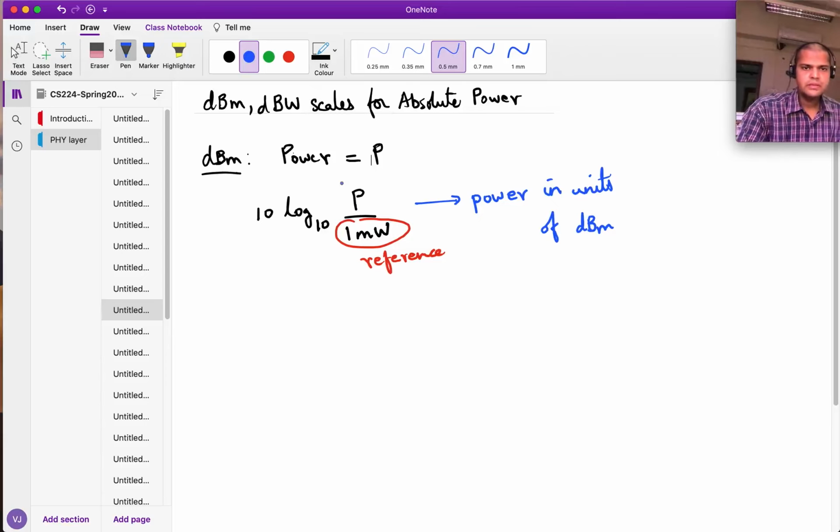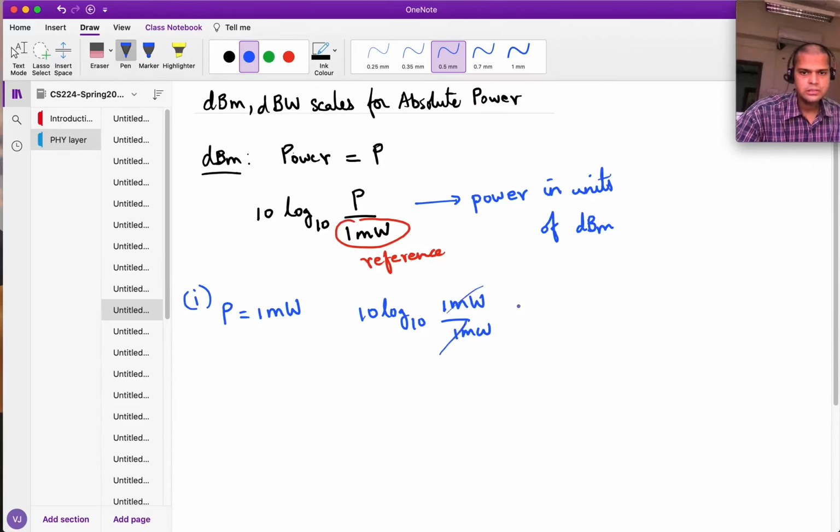So let's take a few examples so that we get familiar with this. Let's say that P is 1 milliwatt. If we write this P in terms of dBm units, it's 10 log to the base 10 of 1 milliwatt by 1 milliwatt.